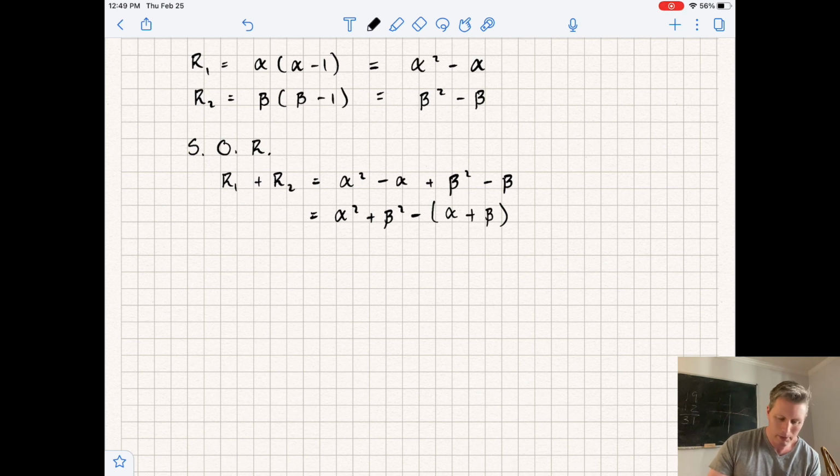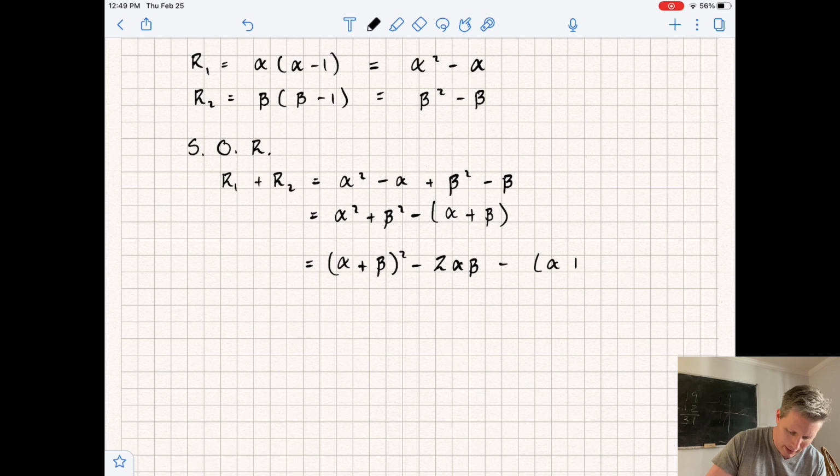The alpha squared plus beta squared, we know that that is equal to alpha plus beta all squared minus 2 alpha beta. And so I can replace alpha squared plus beta squared with alpha plus beta squared minus 2 alpha beta. And again, I have minus parentheses alpha plus beta.